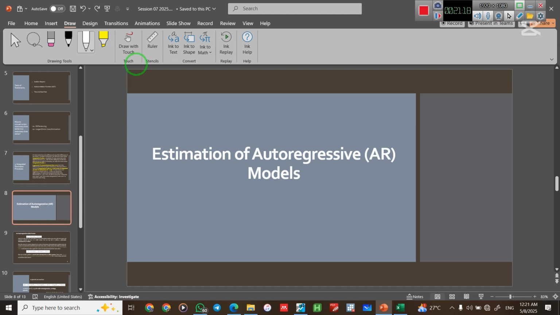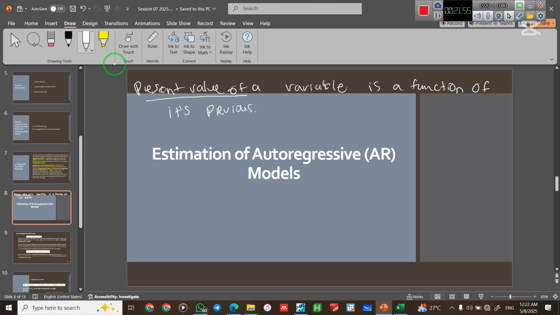In other words, the present value of a variable is a function of its previous values.